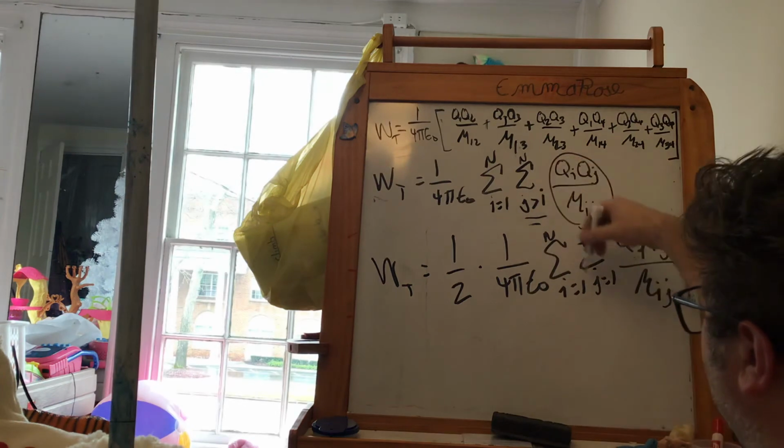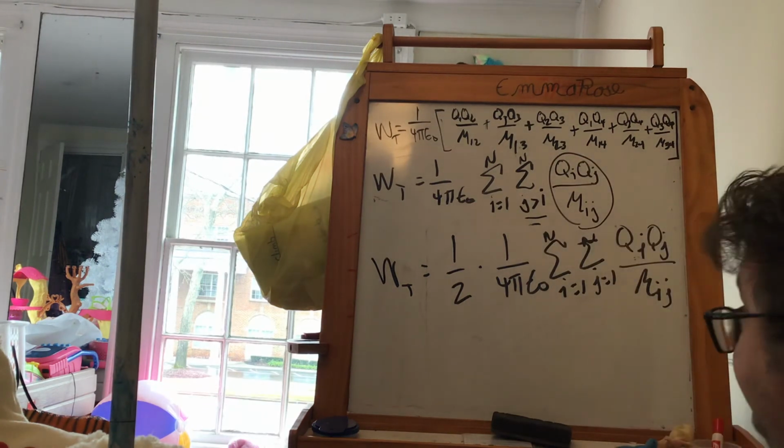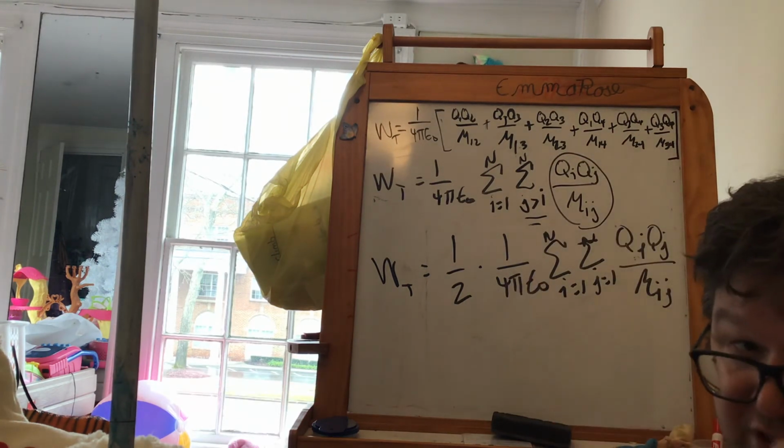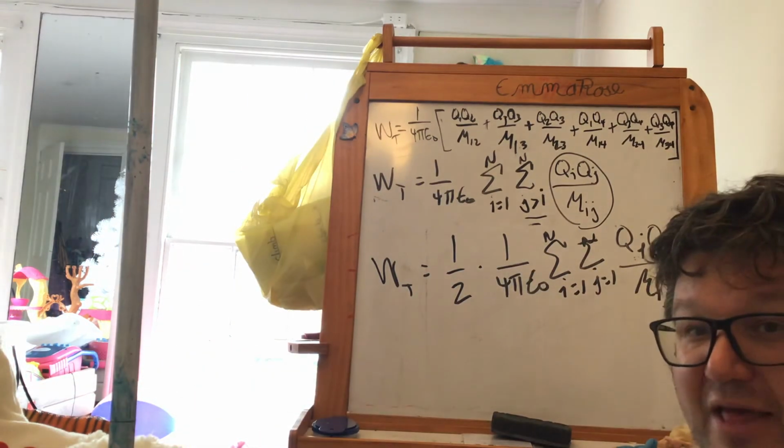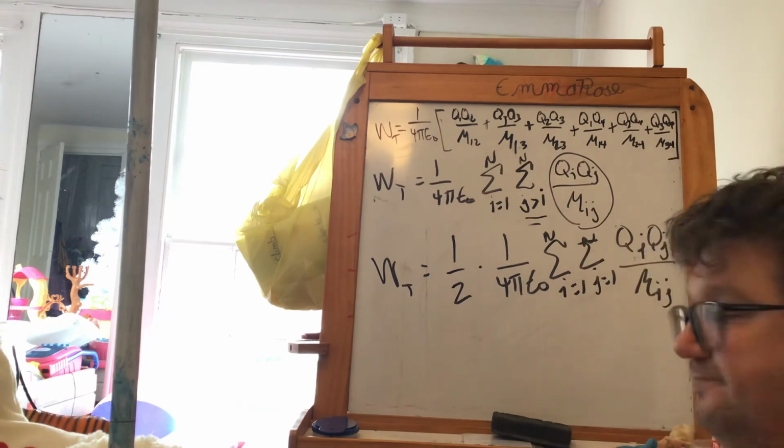Right? By including the diagonal terms, I have twice as much stuff. And so in order to handle that mathematically, I have to multiply the whole thing by 1/2.